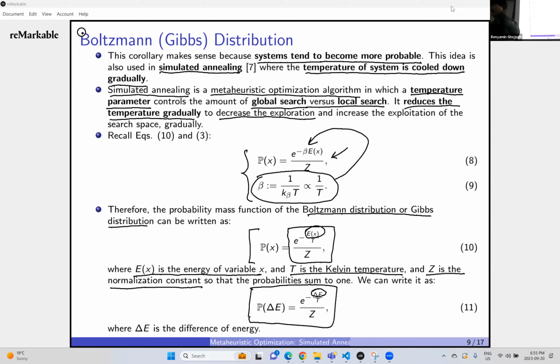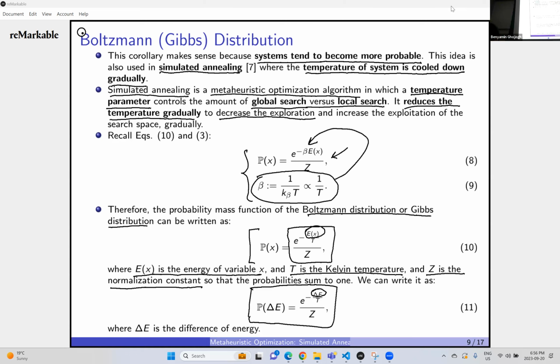So E(x) is the energy, T is the temperature, and Z is the normalization constant or partition function. Now I have E(x), the energy, so I can replace it with delta E. Assume I'm comparing two energies. The delta E is the difference of two energies.